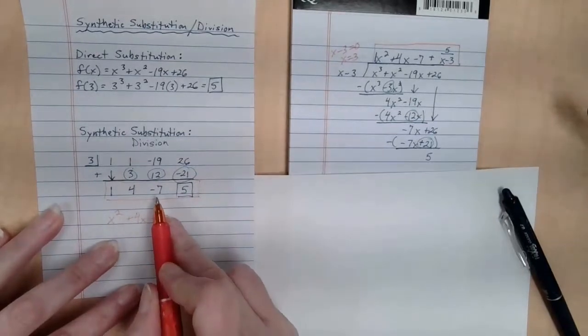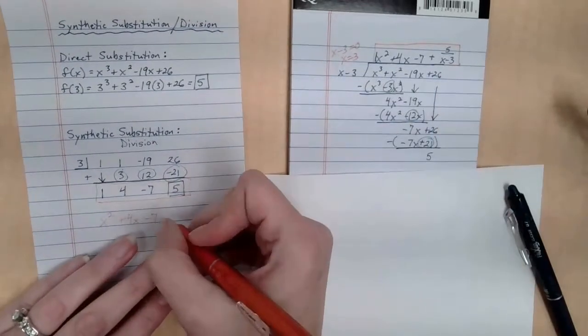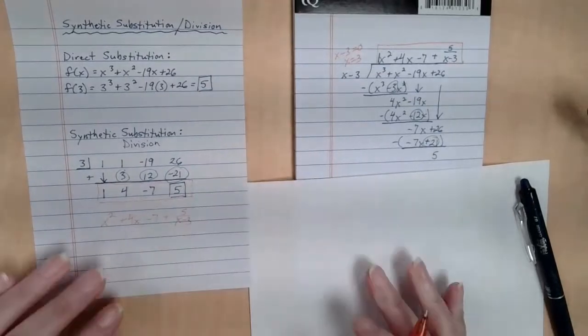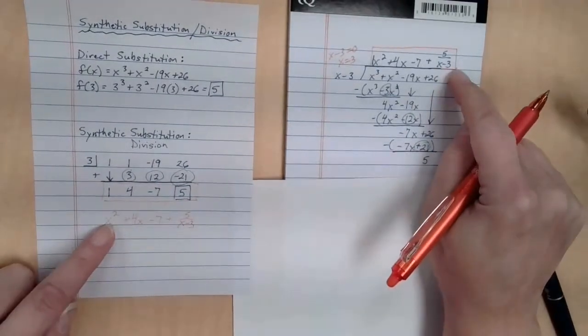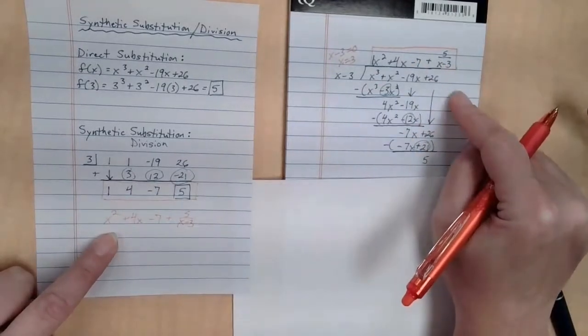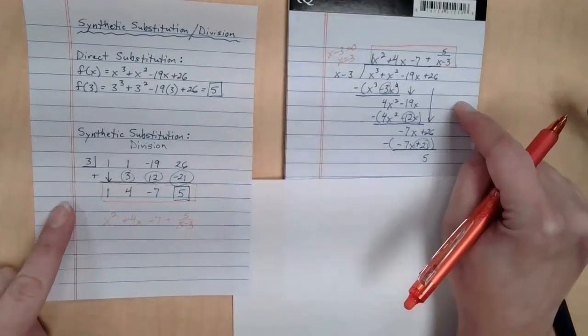So that number is my constant, and that number, again, is my remainder. So that's the plus 5 over what I was dividing by, x minus 3. Synthetic substitution, synthetic division. Shortcut for long division. I personally am not fond of long division. I really like synthetic division.